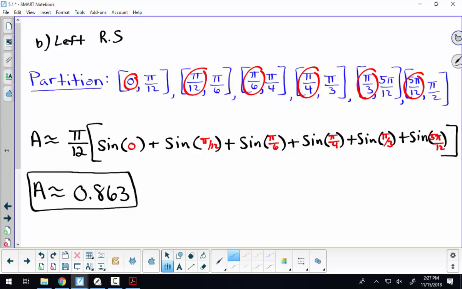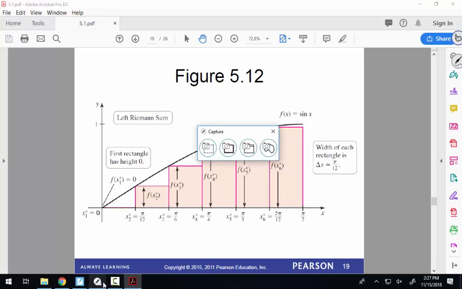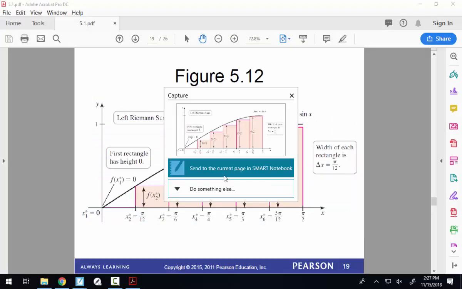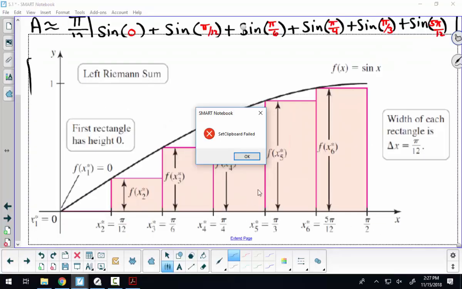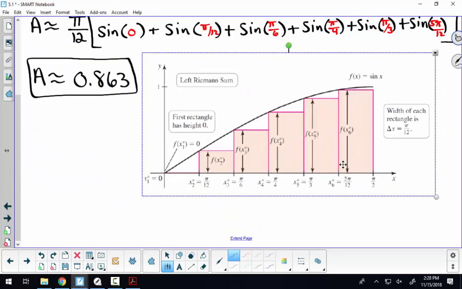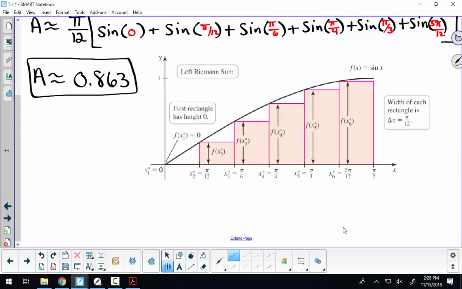And if we were to look at this visually, we're looking at this. So the first rectangle, the height is found here, which is 0.